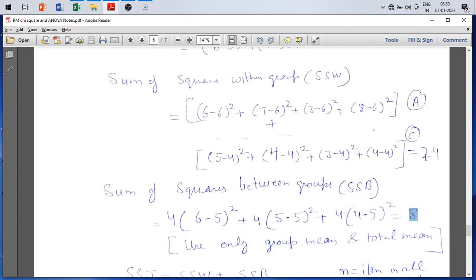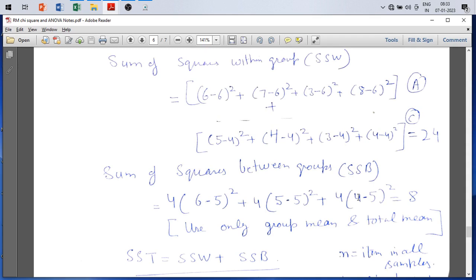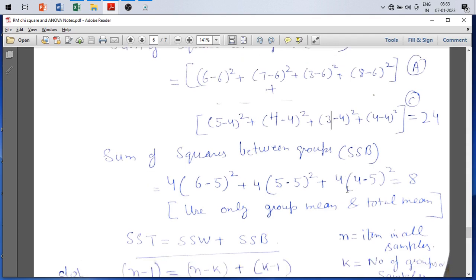So you get the idea. This SSW represents variation within the group, which is due to random reasons, and SSB represents variation between the groups, which is due to difference between the variety of seeds in this particular case, and their relative magnitude. Okay, their relative magnitude is used to ascertain if there are differences in varieties.